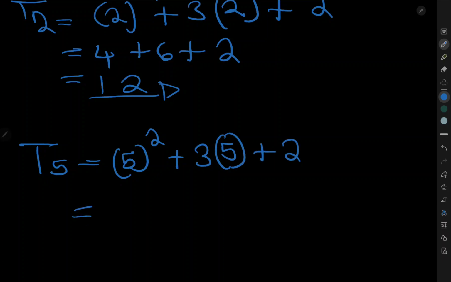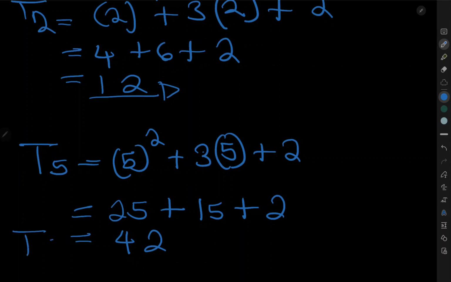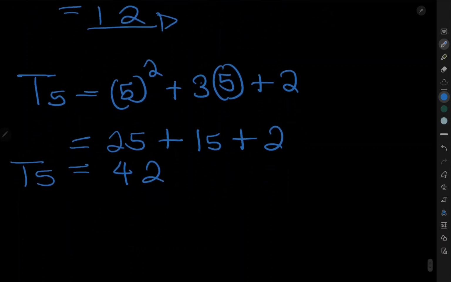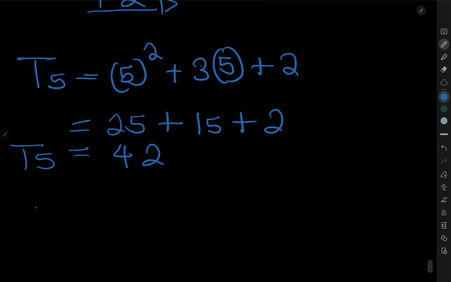If we simplify that, 5 squared is 25, 3 times 5 gives us 15, and obviously plus 2, that gives us 42.